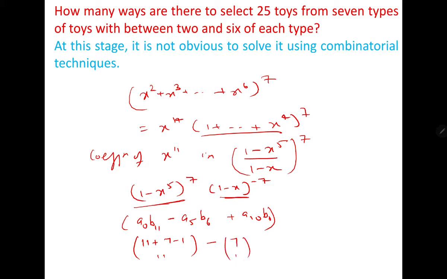So 7c1, go back to the page of the identity if you do not recall it, and then the coefficient of x raised to the power 6 from this bracket, which is 6 plus 7 minus 1, 6, and plus 7c2, the coefficient of a10 from here, which is the third term, and then the coefficient of x raised to the power 1 from here. So 1 plus 7 minus 1, 1. So this is the required answer.